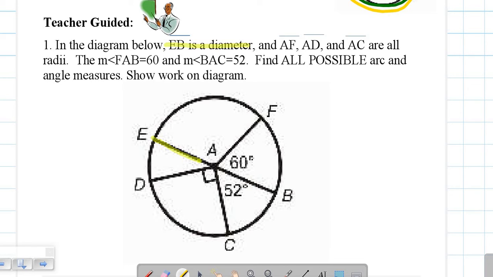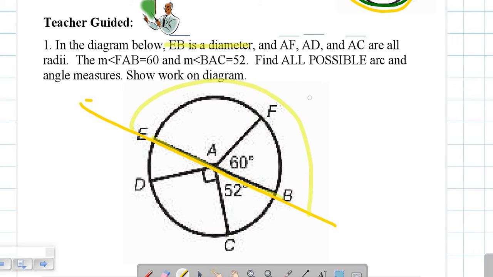So I trace EB. I stretch it out, and this is where your straight edge comes in handy, because you want to be accurate here. Always do that the minute you have a diameter.